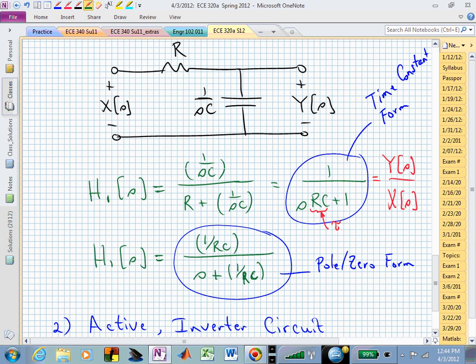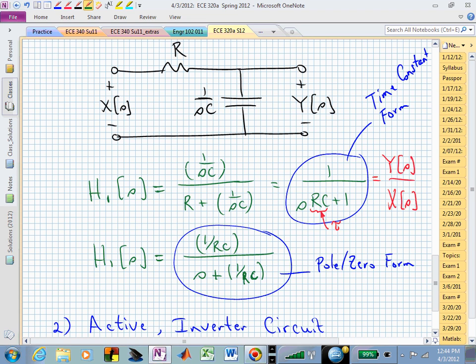How we represent these, whether in pole zero form or time constant form, may be of importance as to what we want to do with that particular transfer function. But they're equivalent. We will use the pole zero form when we're looking at it graphically, when we're sketching these x's and o's in the s-plane.